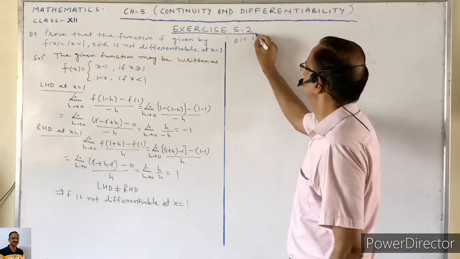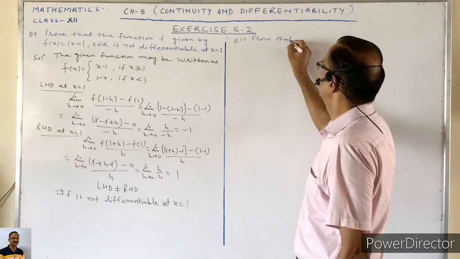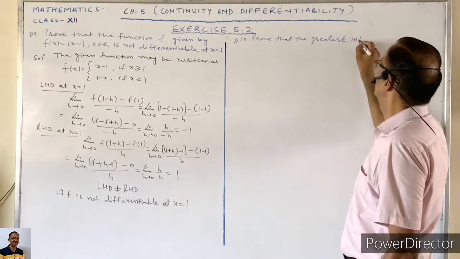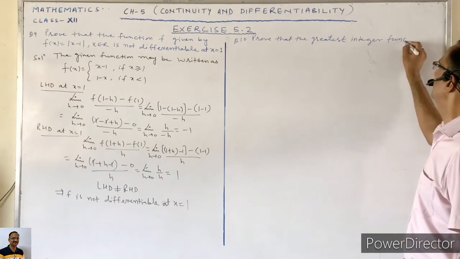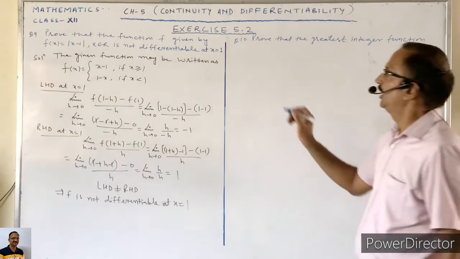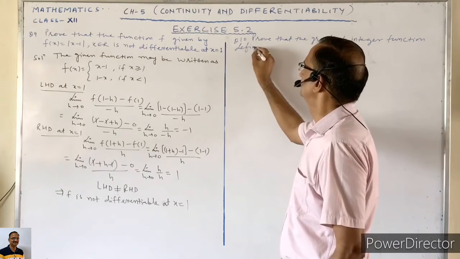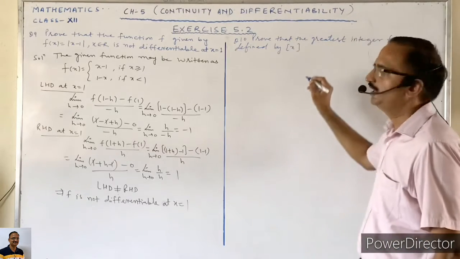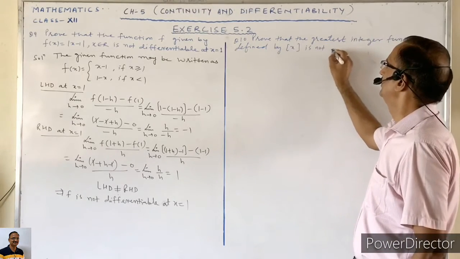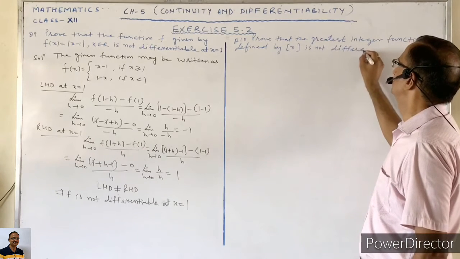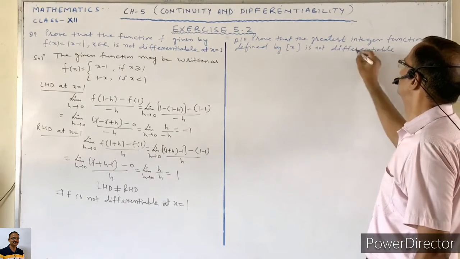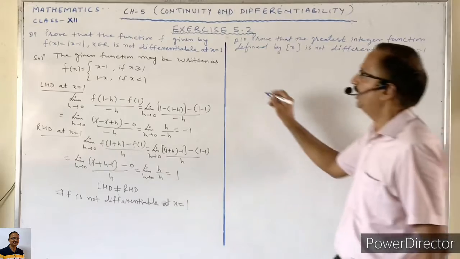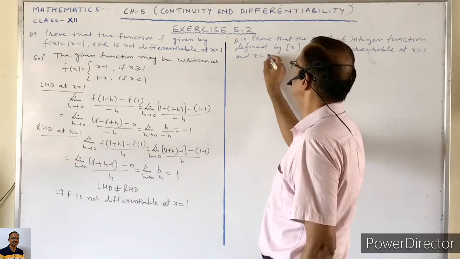Prove that the greatest integer function defined by is not differentiable at x equals to 1 and x equals to 2.